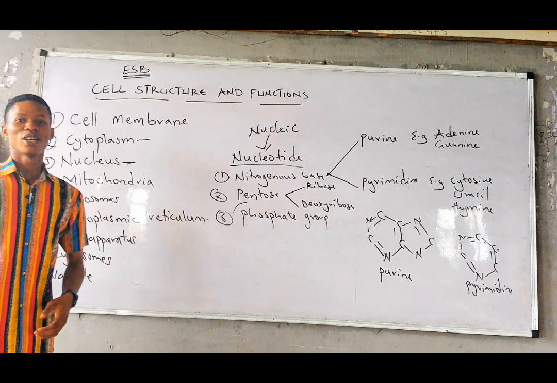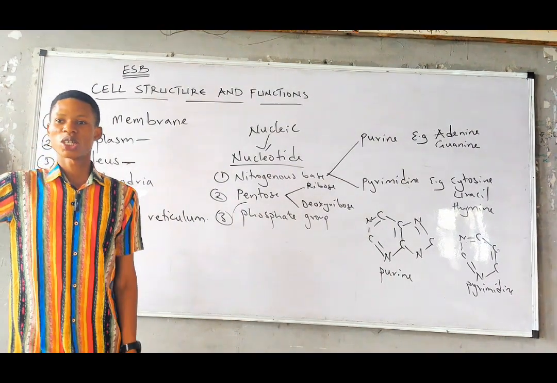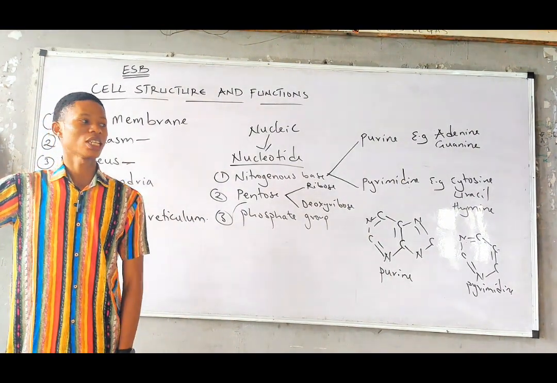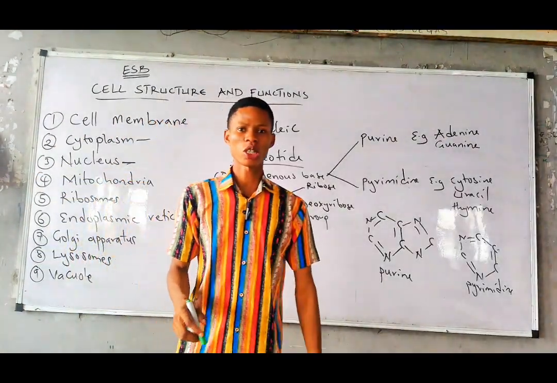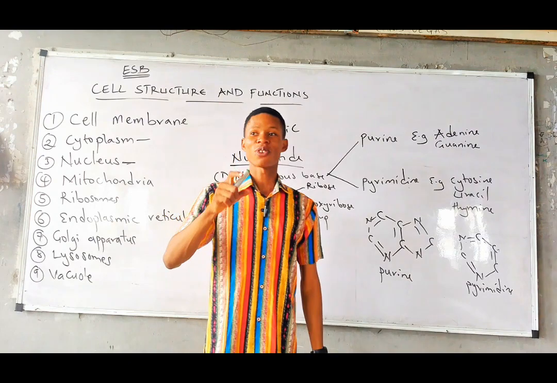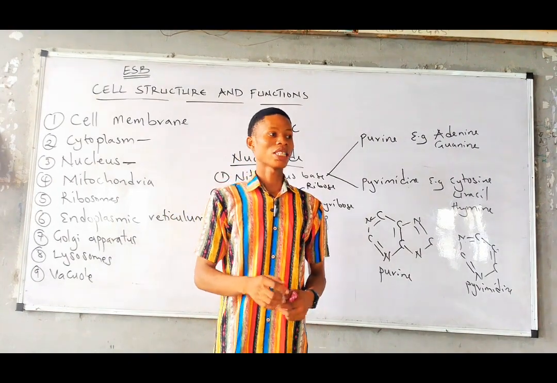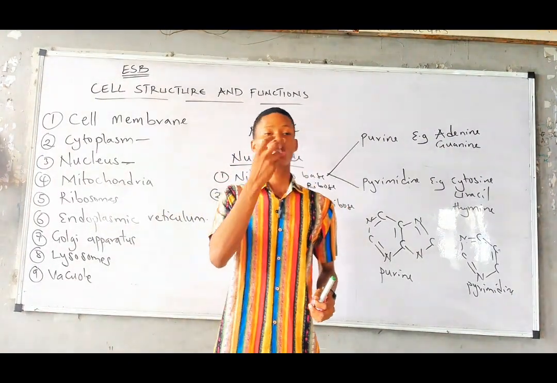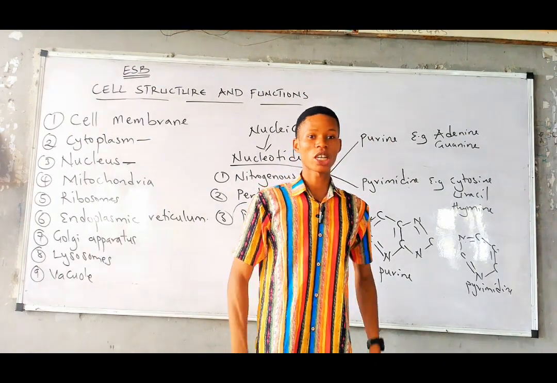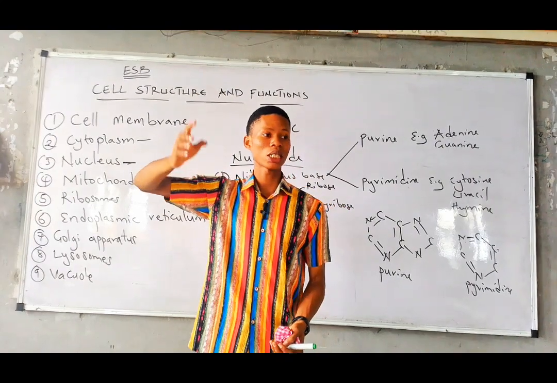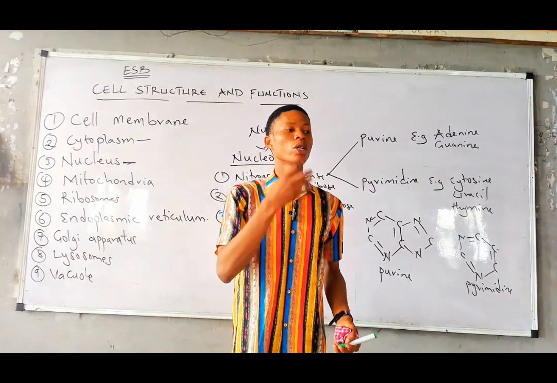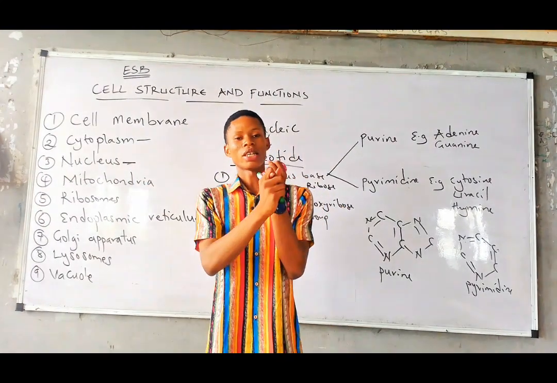Mitochondria. We refer to this as the powerhouse of the cell. Why is it referred to as the powerhouse of the cell? It is the site for cellular respiration. And cellular respiration is not just taking in oxygen and giving out carbon dioxide. In cellular respiration, you are breaking down complex substances to release energy.